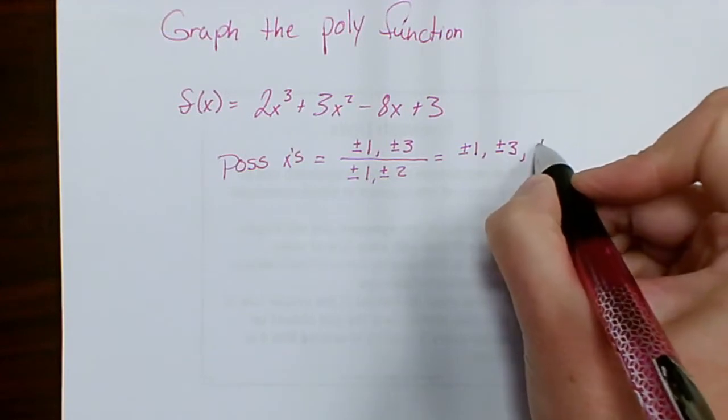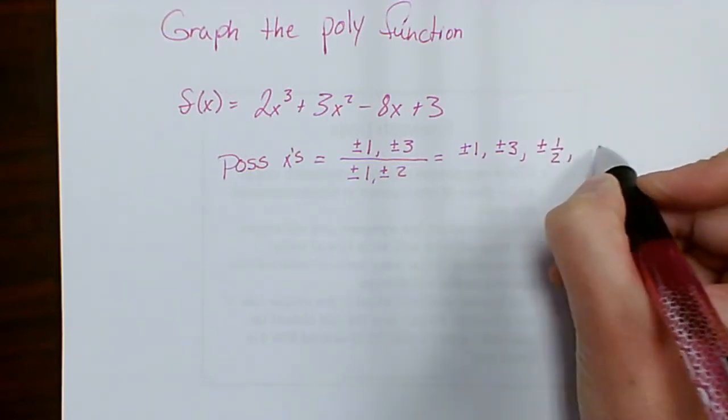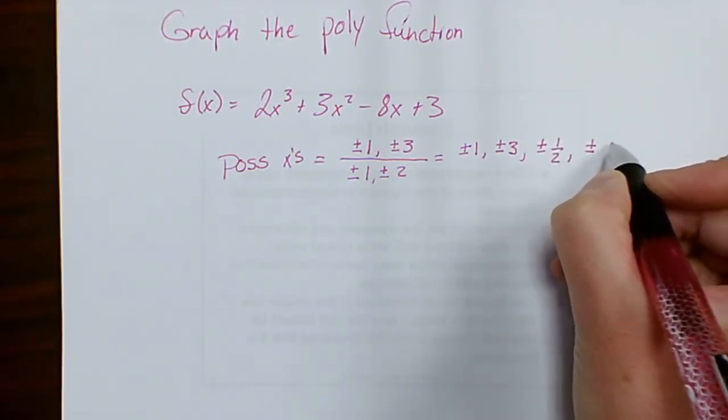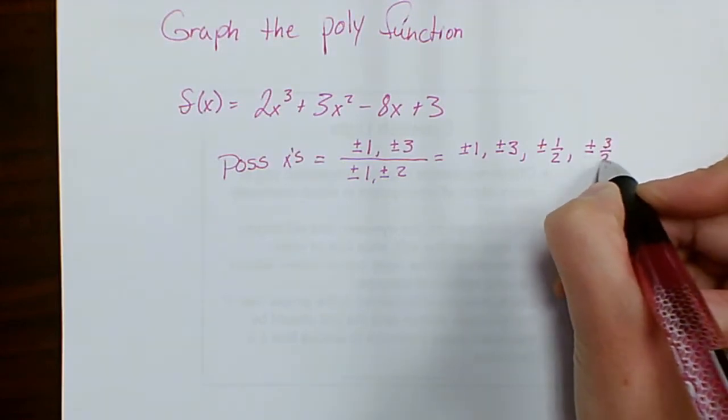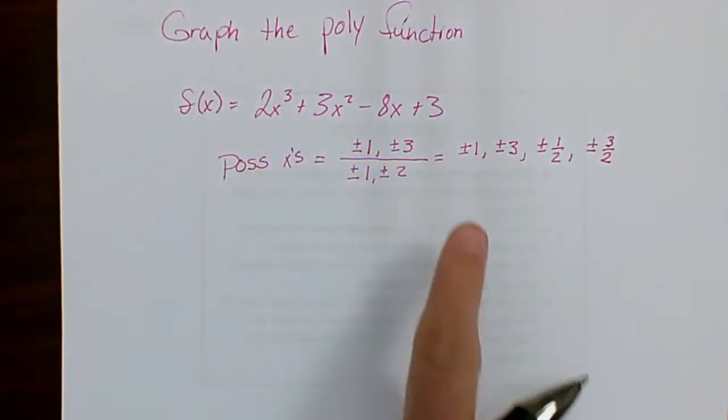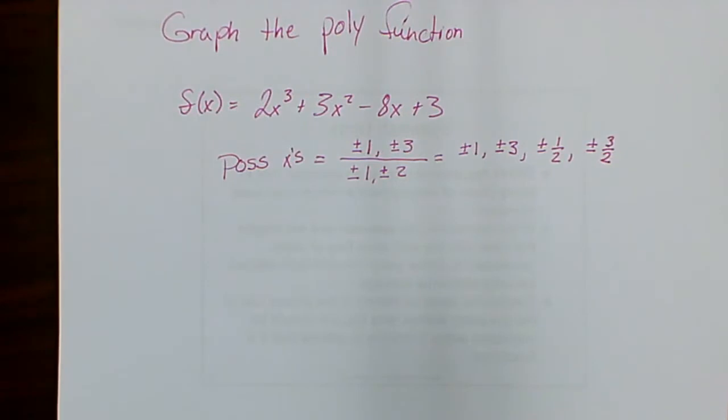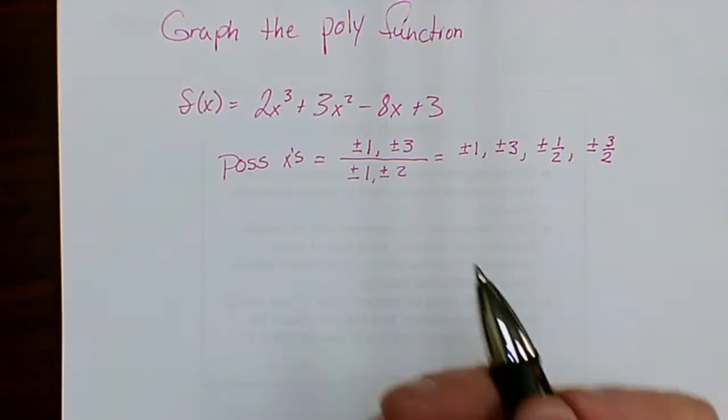The 2, we have positive and negative 1/2 and positive and negative 3/2. So we have 8 values we can choose from. I will choose one factor that I know will not work so you can see this process.